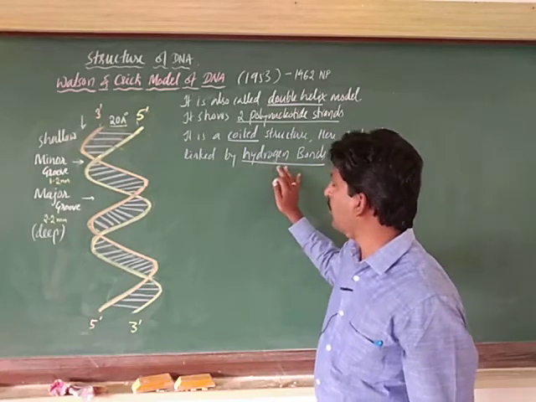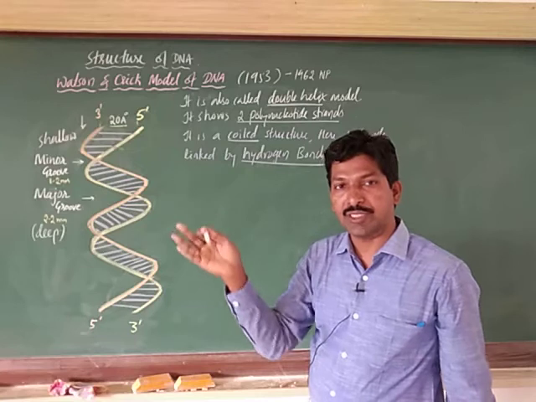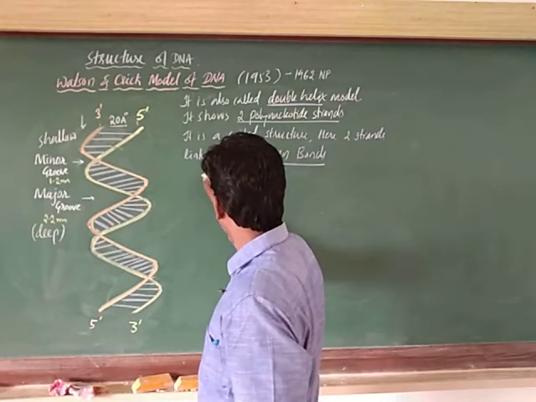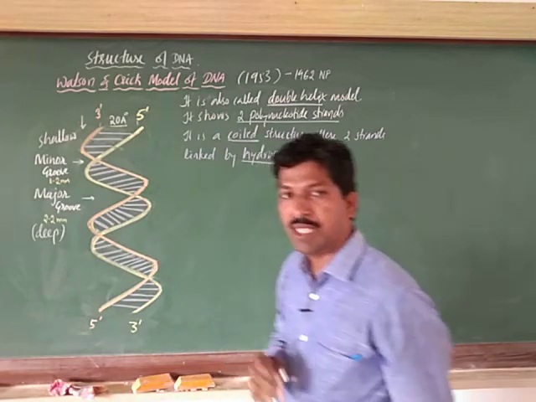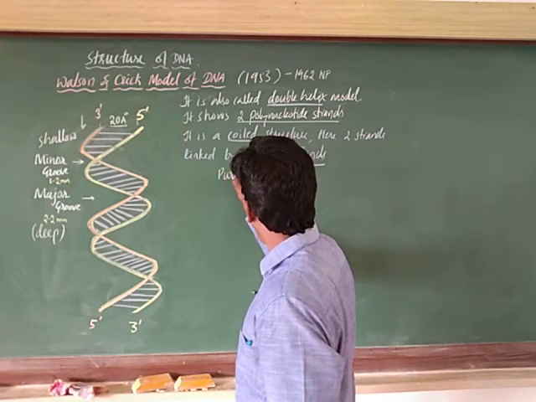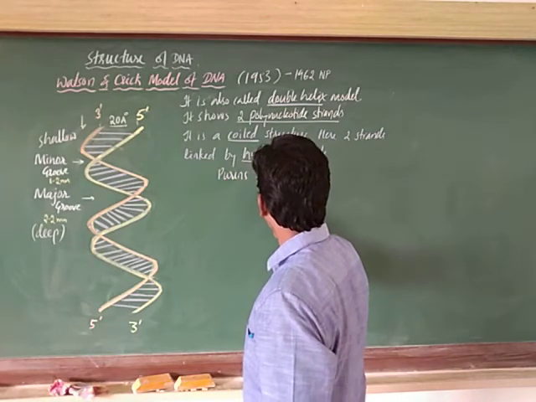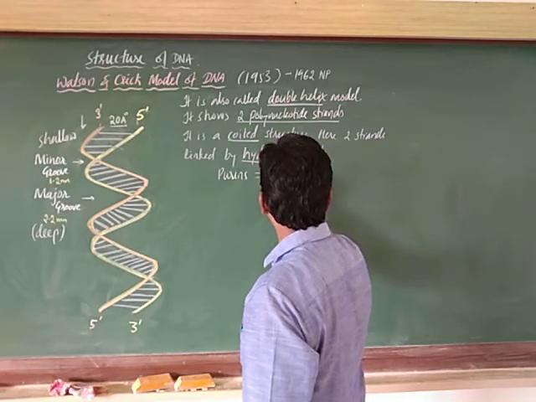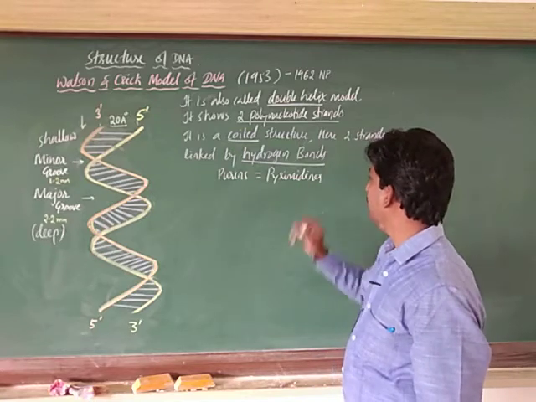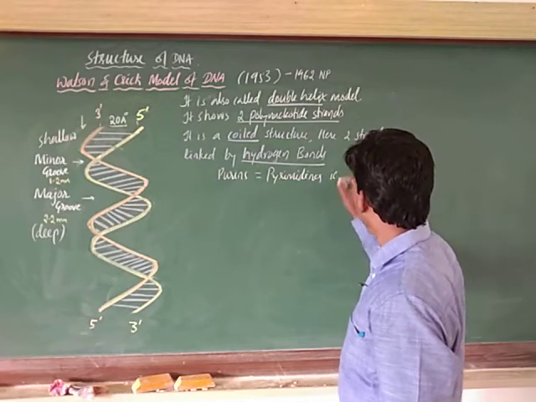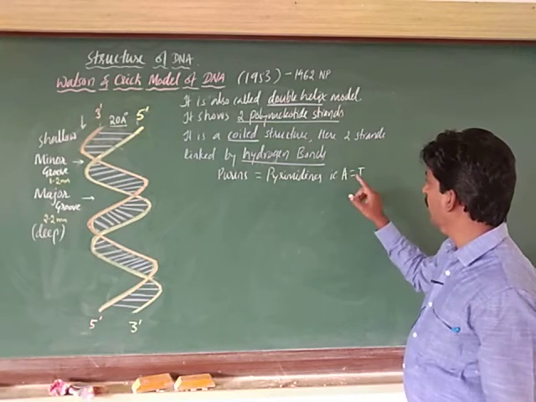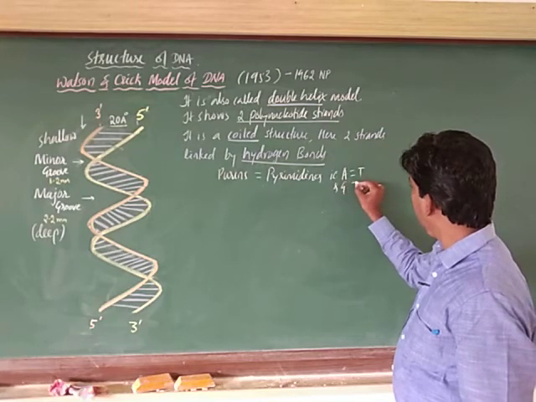As you know from the polynucleotide chain we have studied, as per the base pair rule, purines are linked with pyrimidines. Here also the purines are linked with pyrimidines. Adenine pairs with thymine with a double bond, and guanine pairs with cytosine with a triple bond.